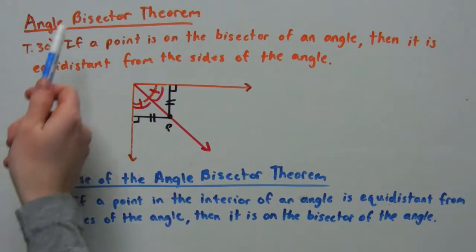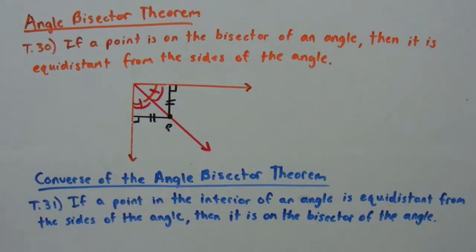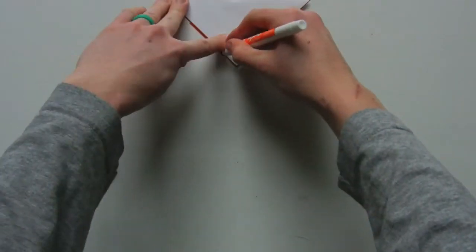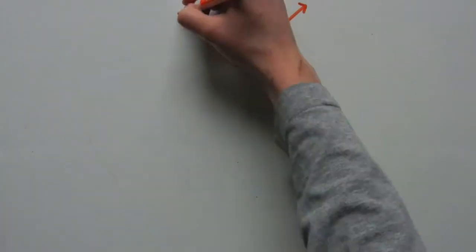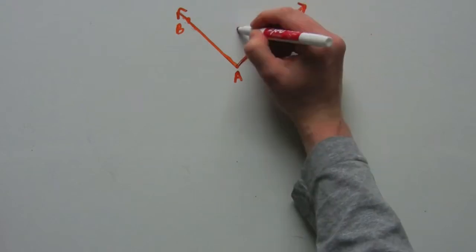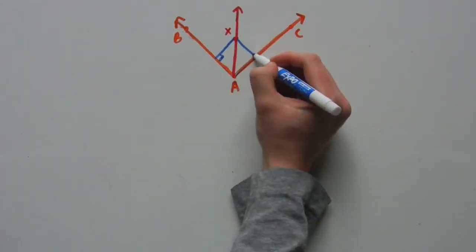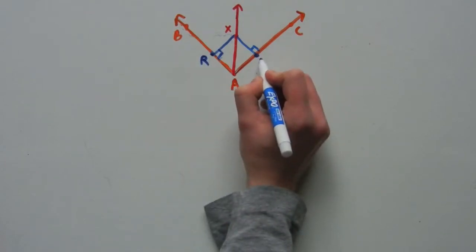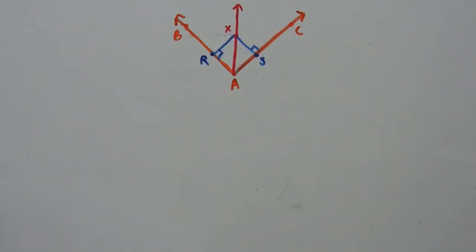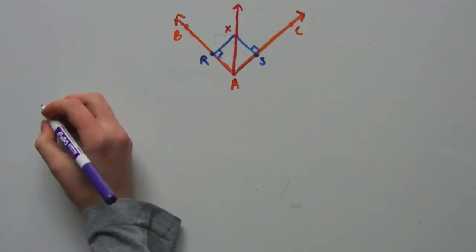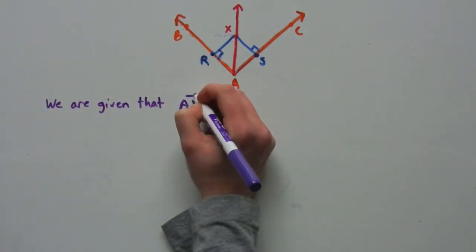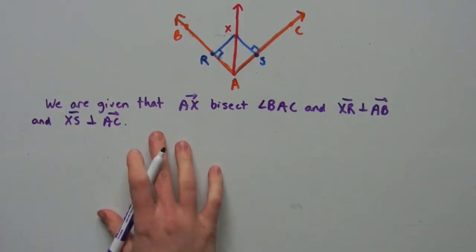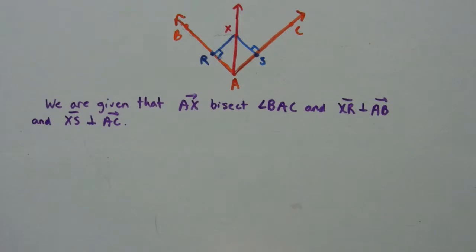Let's go ahead and prove the angle bisector theorem, T30. Let's go ahead and do an informal proof. We're given that AX is an angle bisector.